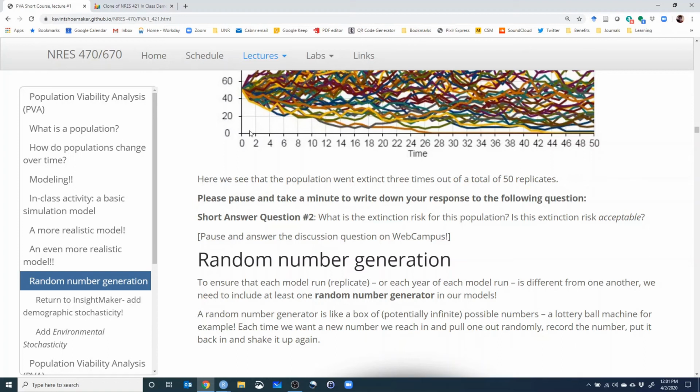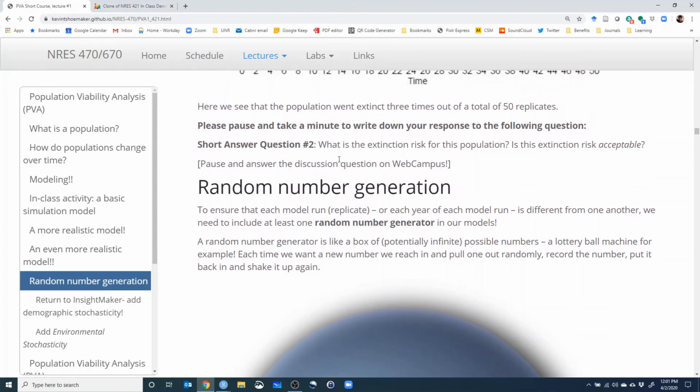What is the extinction risk for this population? Can you compute the extinction risk? And then, this is more of a thought question and there really isn't a right answer, but just try to think about this and write something down. Is this extinction risk acceptable? What does it mean to be acceptable extinction risk? All right, so pause and answer the question on Web Campus.